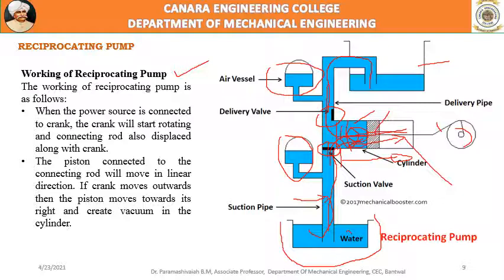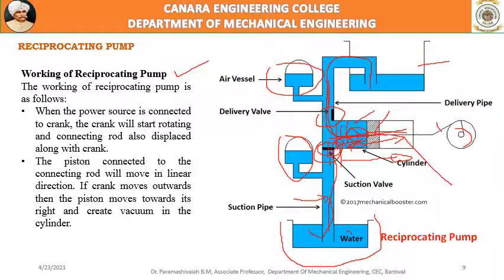Here one thing to be noted is that delivery and suction take place only in a particular stroke of the piston. When there is a suction stroke, this valve opens, this remains closed, and water enters the cylinder and is stored inside the cylinder. Then during the return stroke or delivery stroke, this suction valve closes and the delivery valve opens, and the delivery takes place into the delivery pipe.